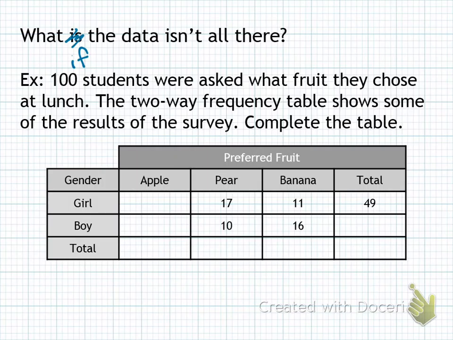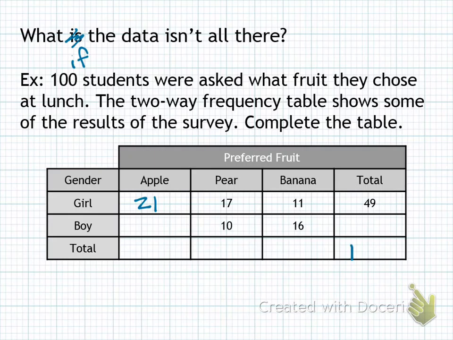The third period class suggested that we fill this box first by adding these numbers and then subtracting that from 49. So 17 and 11 gives me 28. That means I must have 49 minus 28 in this box so that when I add across, I get 49. So 49 minus 28 is 21.